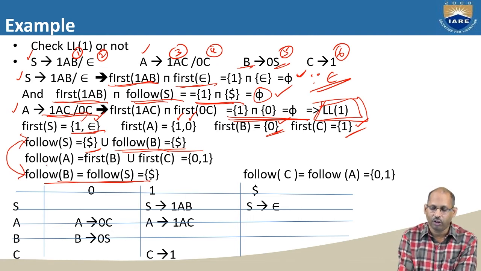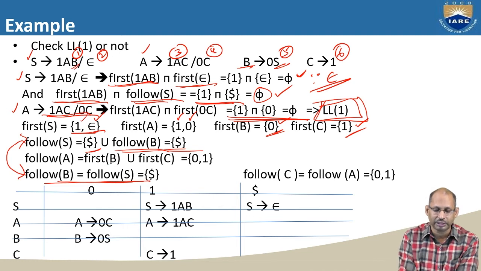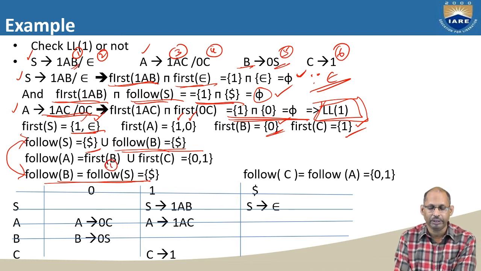Then follow of A. From the first production, it is first of B. From the third production, it is first of C. What is the first of B? It is 0. What is the first of C? It is 1.